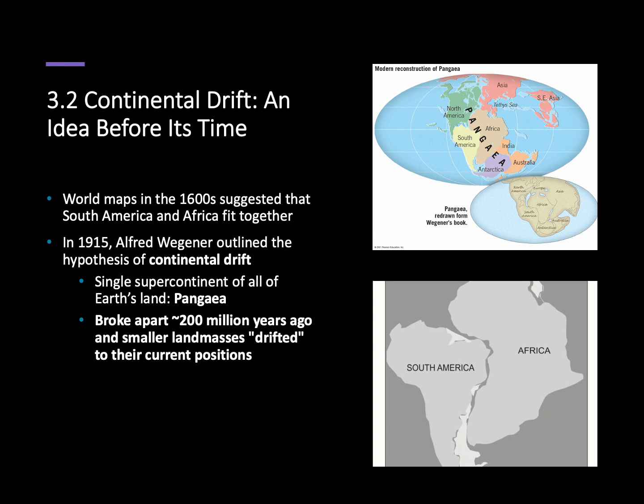But he thought that during this period of time, Pangaea had all 7 land masses combined into one supercontinent. He also thought that Pangaea started to break apart about 200 million years ago, and that the different land masses very slowly drifted apart over those 200 million years into their current geographic locations.